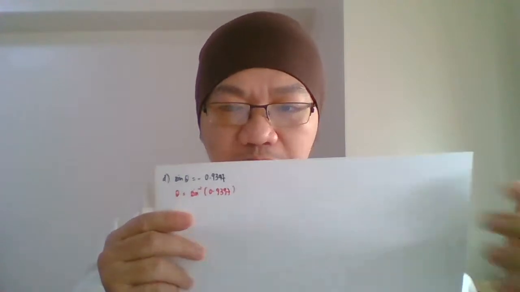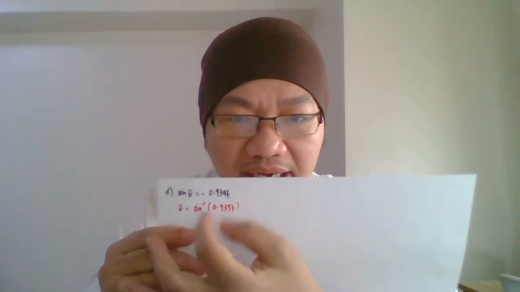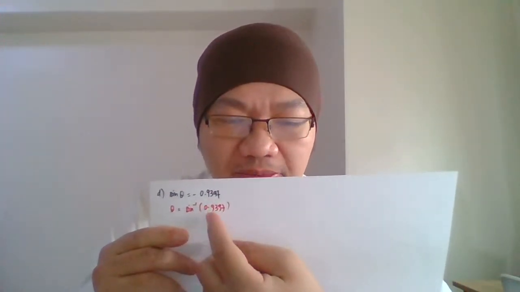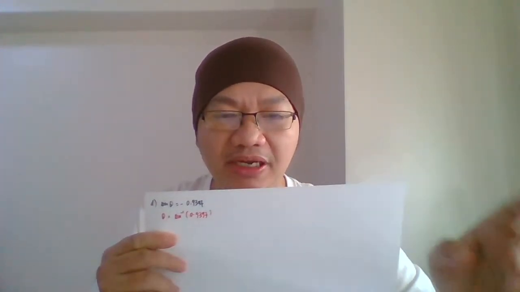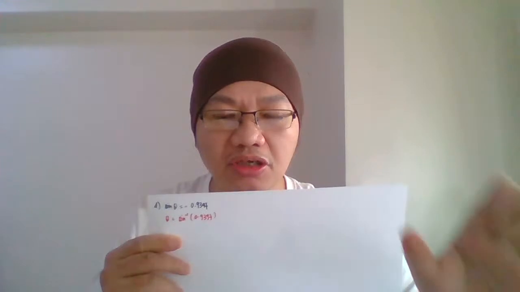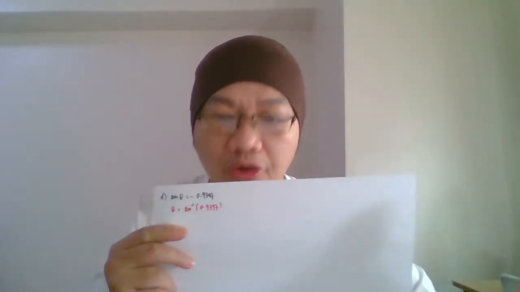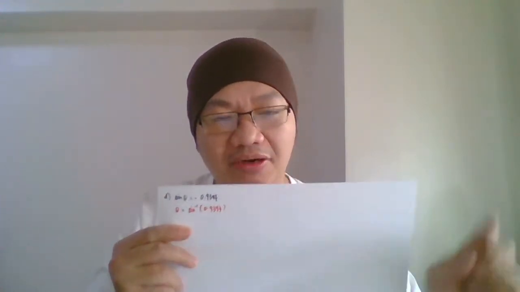You see here, I just put theta equals sin inverse bracket the value. Why I didn't put the negative inside this bracket? Because I told you the negative is for you to determine the quadrant. It's not to determine the value, but to determine which quadrant this sin theta is located in. Itu purpose negative.